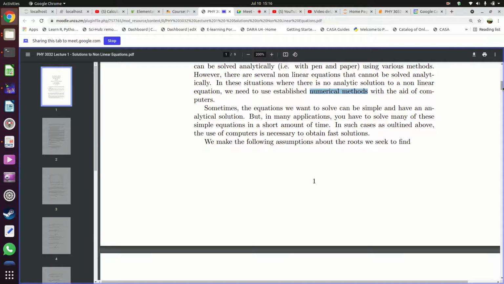Sometimes even when we know that we can work out some solution with pen and paper, maybe you've got these nonlinear equations and there are many. If there are a lot, then you want to find the answer in the shortest possible time. For you to do that, a computer could be a good thing to use.